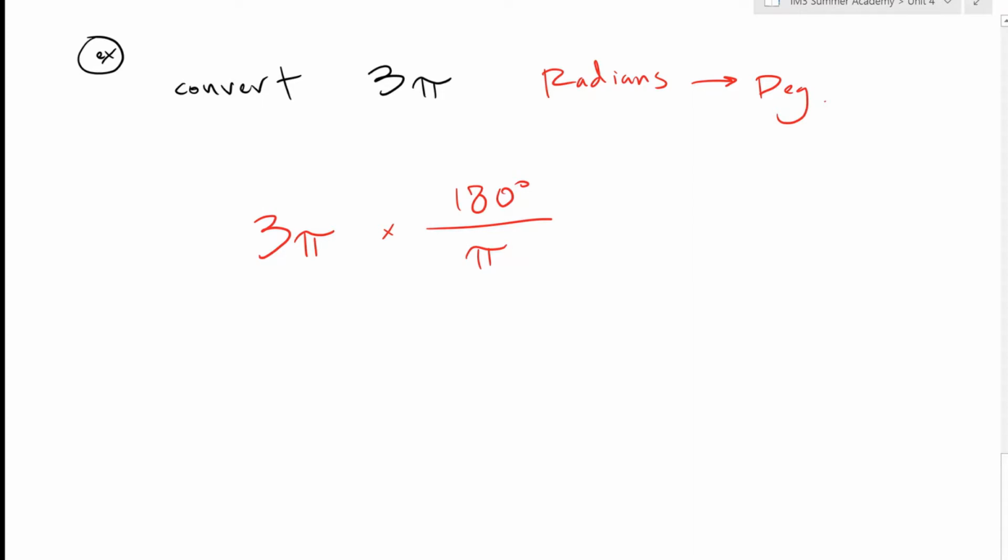Because you'll notice we're getting that pi to disappear. A pi on top and a pi on bottom cancel. 3 times 180 degrees on our calculator comes out to 540, and you notice the symbol that's still left? Degrees. So 3 pi is the same as 540 degrees, so more than one time around a circle, because one time is 360. So this goes around a couple times.